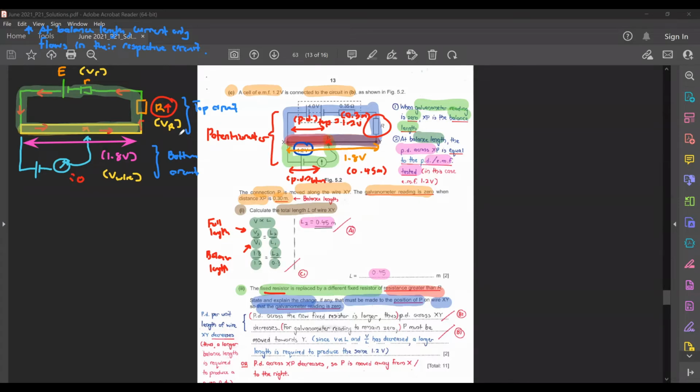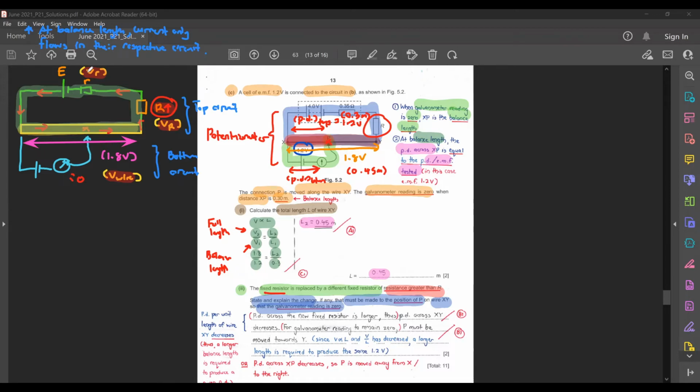When my fixed resistance has increased, no doubt the total resistance has increased too, which in turn causes my current flowing through the circuit to drop. But the thing is that if you look at the PDs inside the circuit right now, namely the PD across the wire, the PD across your fixed resistance, and the PD across your internal resistance, although the current has changed, the same current is actually still flowing through all three PDs.